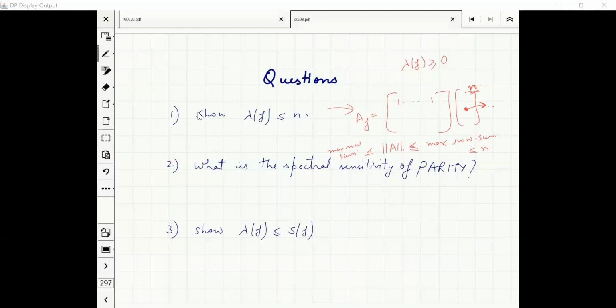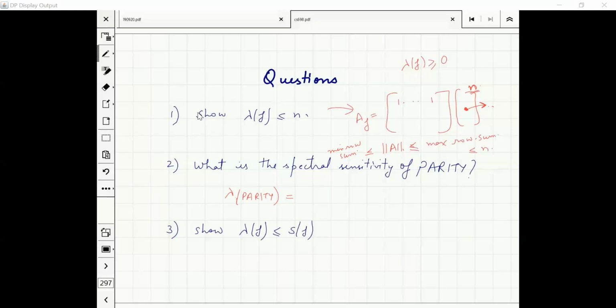Okay, so now what is the spectral sensitivity of parity? What is the lambda of parity? No, you are telling me the matrix. I'm talking about what is the maximum eigenvalue of the sensitivity graph. So what is the sensitivity graph of parity?